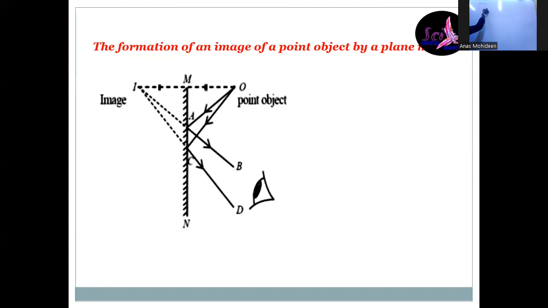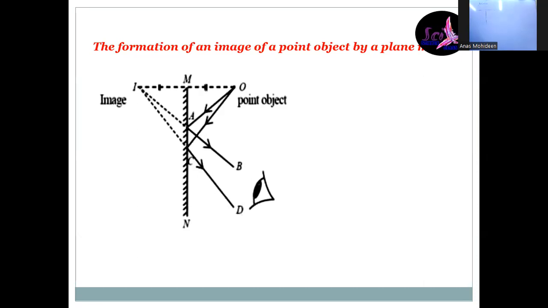You can see the mirror given here. Imagine it's straight.